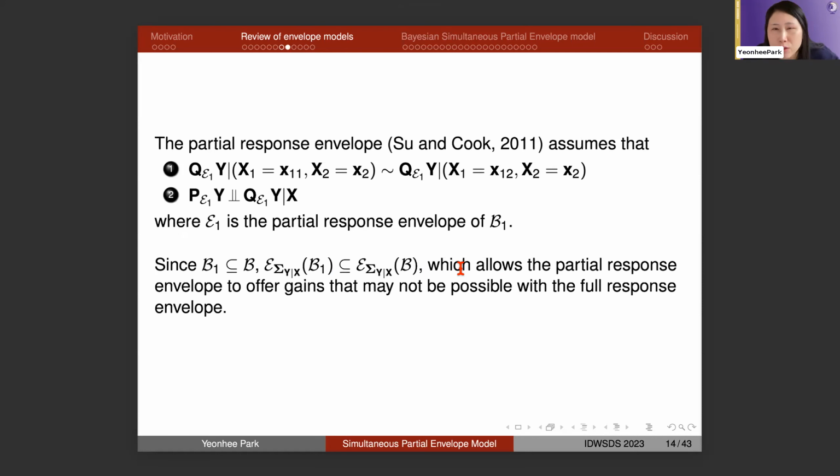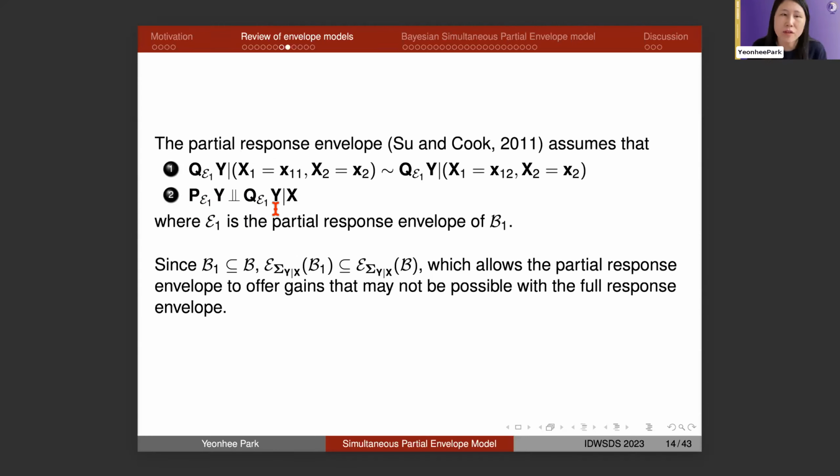So Su and Cook in 2011 proposed the partial response envelope, and they assigned two conditions to construct the envelope. For the fixed x2, the immaterial part of y, Qy, does not depend on the value of x1 we are interested in. And the second condition is that, given the predictors, the material part of y and the immaterial part of y are not correlated.